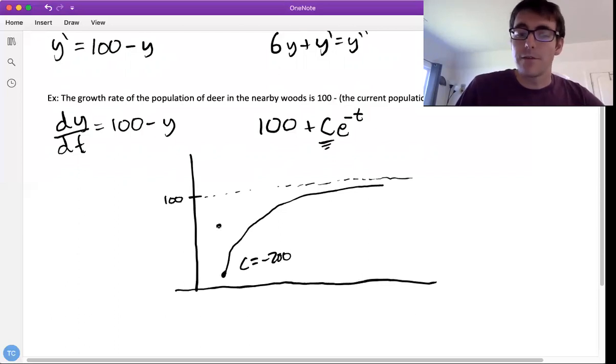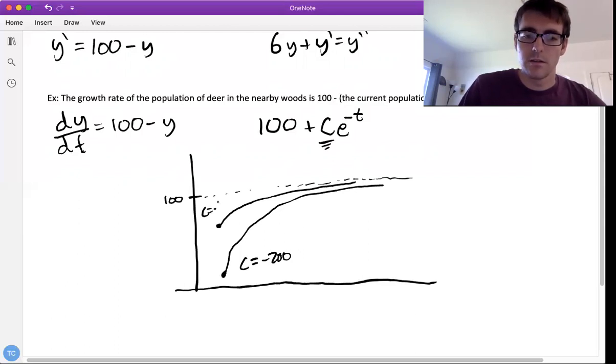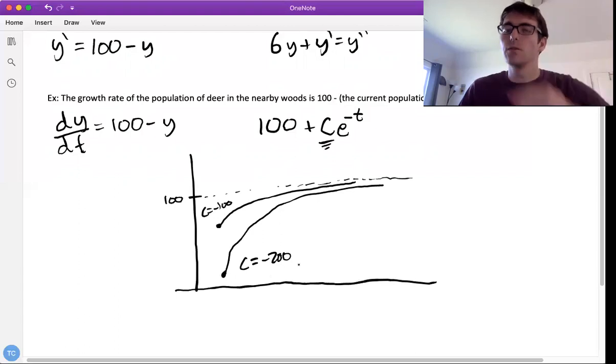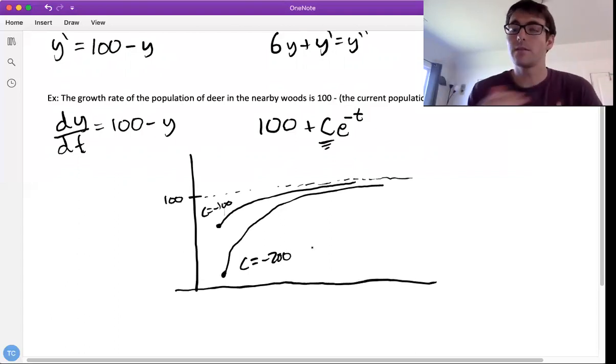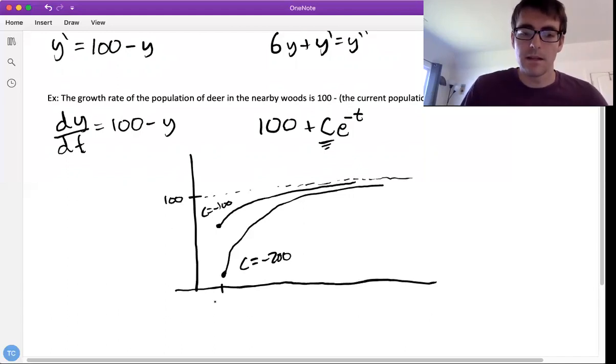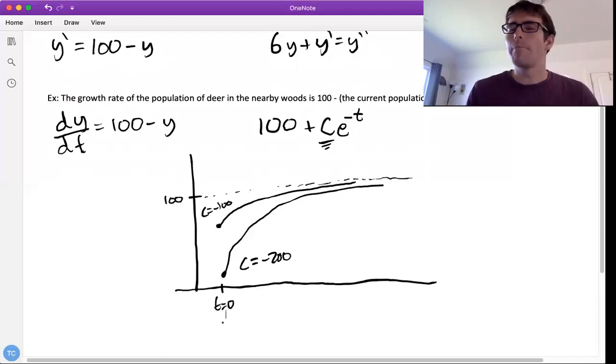If we talked about a different function, I believe this is something like c equals negative 100, we're going to get a different looking function, but it still has the same relative behavior. So depending on how many deer are in the forest at our starting point, let's say this is time t equals 0, the model is going to look a little bit different, but have roughly the same type of behavior.